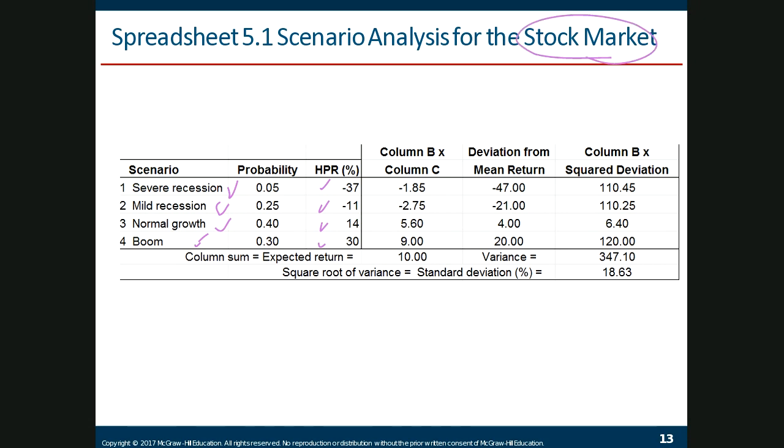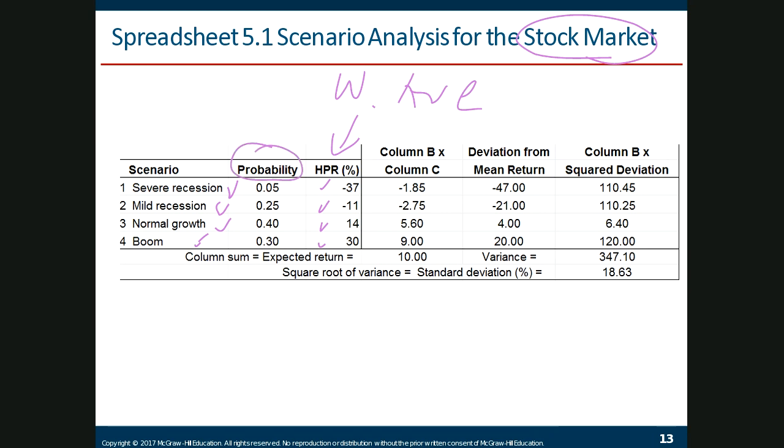Okay, so what do you do next? Well, the next thing you are going to do is take a weighted average of all these HPR, and you are going to take the probability as the weight. So what does that mean?